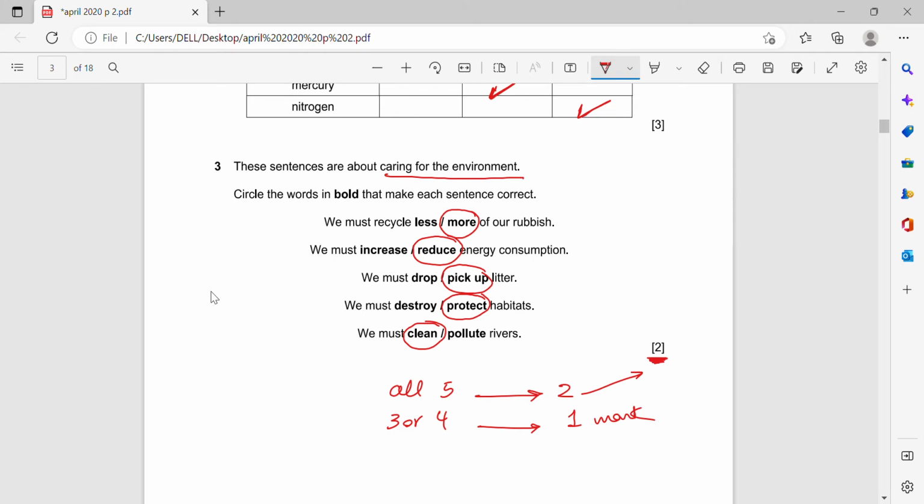If you got 1 or 2 correct, you get 0 marks. Again, all 5 correct gets 2 marks, 3 to 4 correct gets 1 mark, and only 1 or 2 correct gets no marks at all.